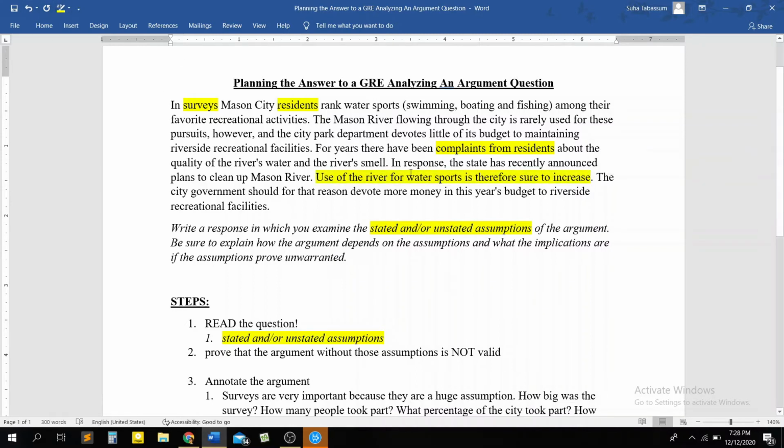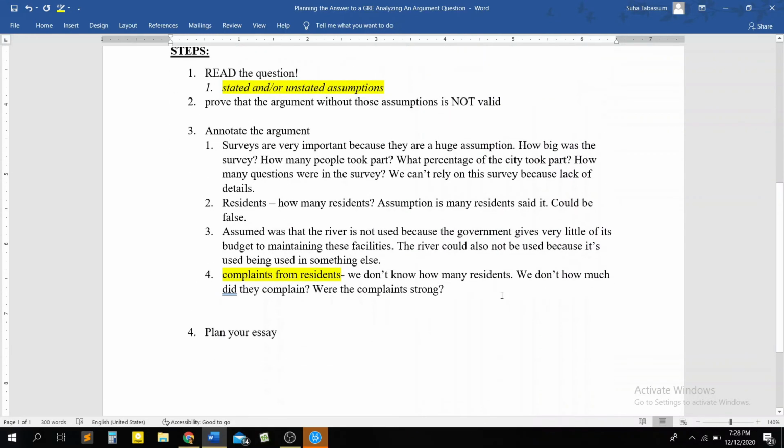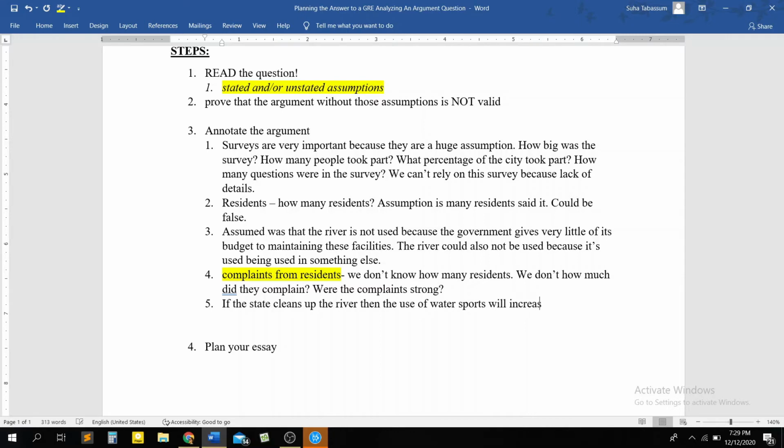So what they basically said here was that if the state cleans up the river, then water sports will increase. That's the assumption that was made. So let's write that down. If the state cleans up the river, then the use of water sports will increase.